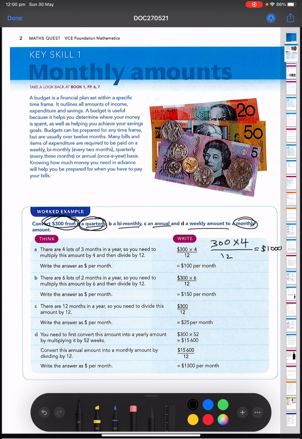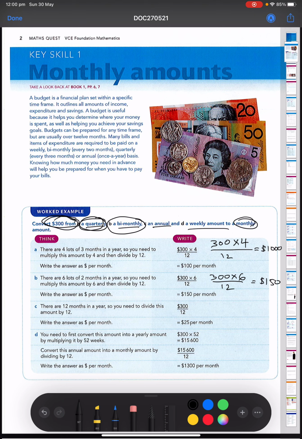If we were doing bi-monthly, that means every second month. So basically we need to take the amount of money that we've got, $300, times it by 6, because there are 6 two-month periods, and divide it by 12, which is going to equal $150 per month.